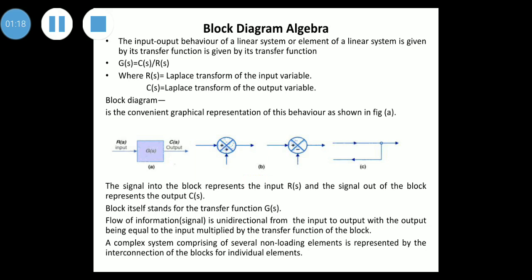The flow of information, that is the signal, is unidirectional from input to output, with output being equal to the input multiplied by the transfer function of the block.